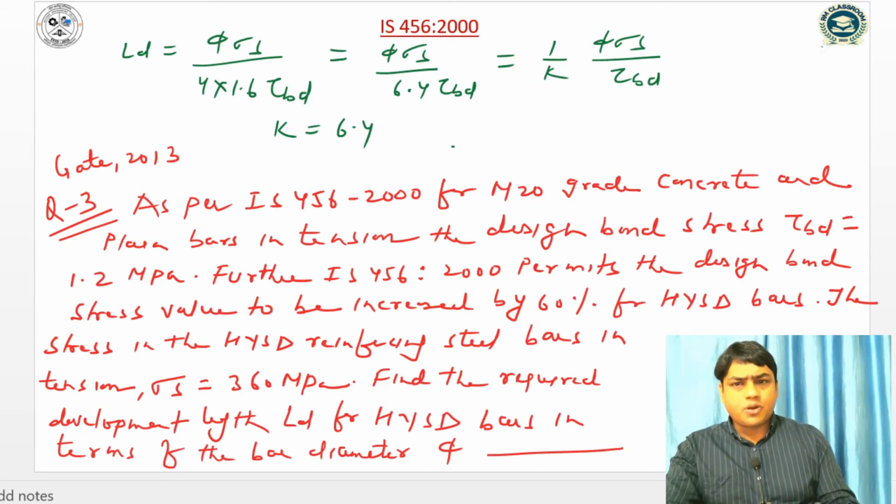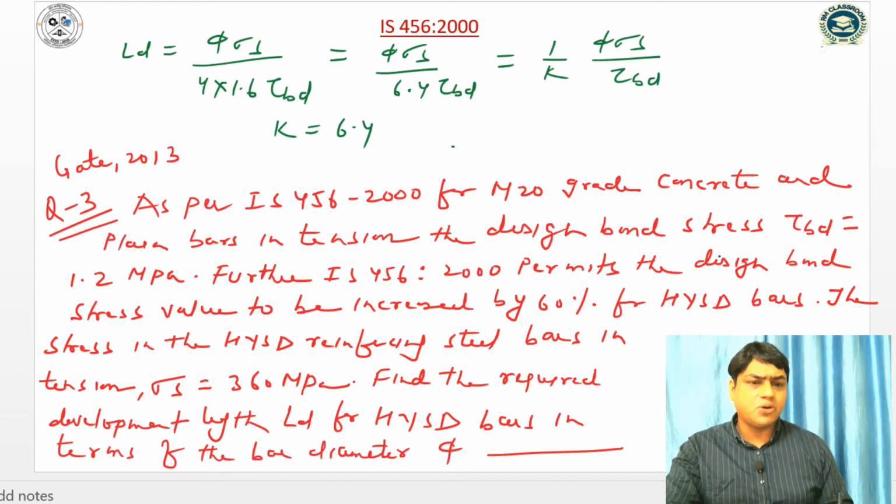So the answer is the value of K is 6.4. Let us take another problem. As per IS 456/2000, for M20 grade of concrete and plain bars in tension, the design bond stress tau bd is 1.2 megapascal. Further, IS 456/2000 permits the design bond stress value to increase by 60% for HYSD bars. The stress in the HYSD reinforcing steel bars in tension, sigma s, is equal to 360 megapascal.